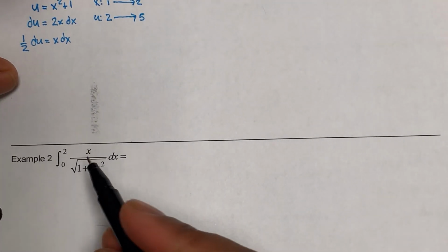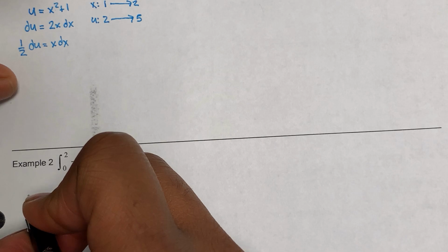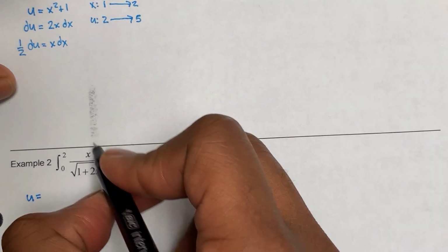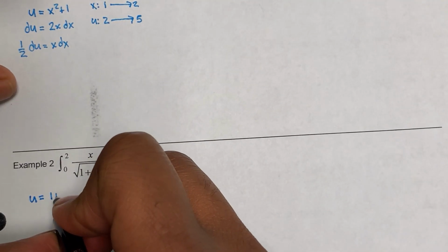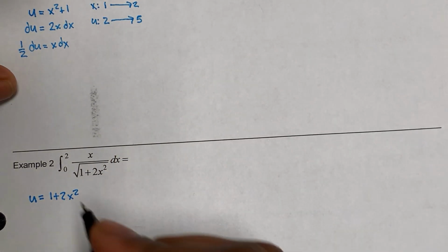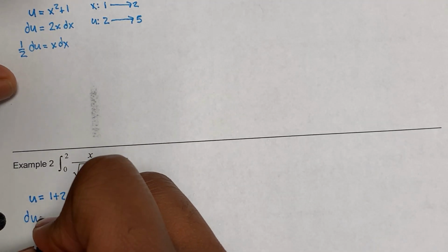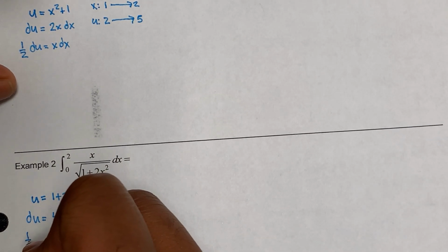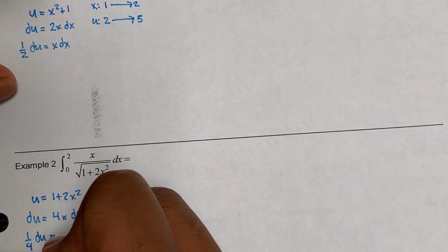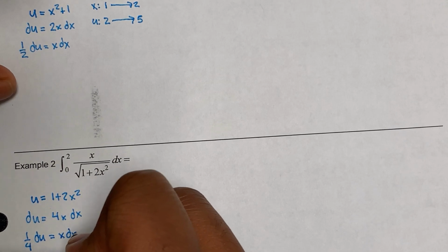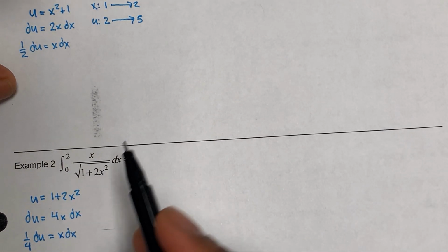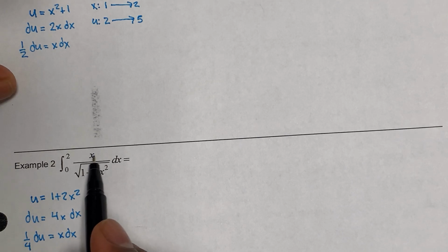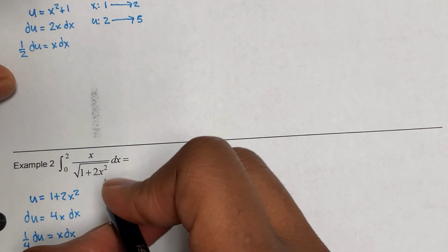Example 2. So we want u to equal 1 plus 2x squared. du would equal 4x dx. So 1/4 du is x dx, because again, we want to replace x dx.